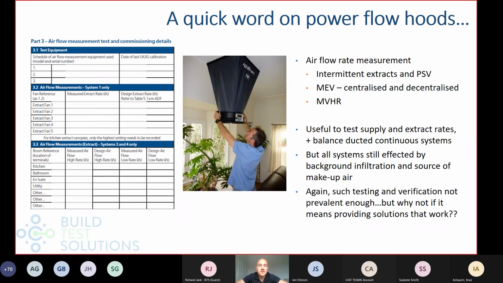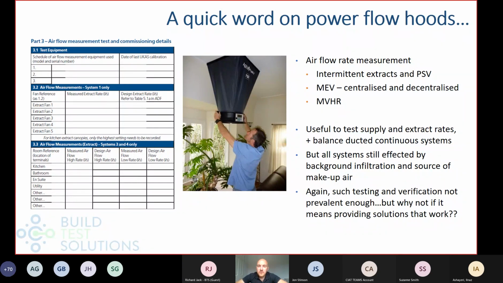So your fans, or your supply and extract, whether that's intermittent or continuous, through the wall or ducted systems. It's mostly used to help balance the system, but also can obviously validate the supply and extract rates.